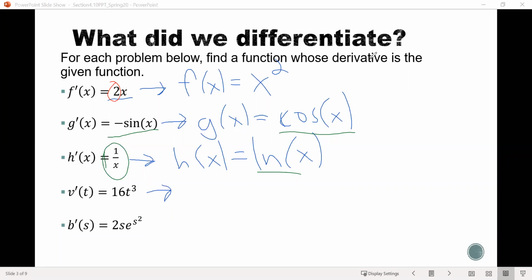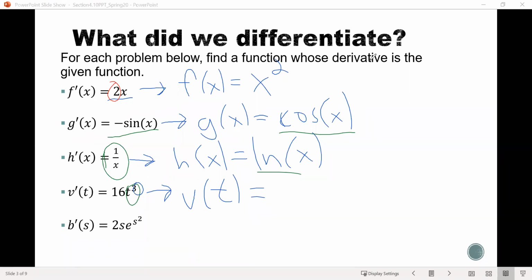All right, v prime of t equals 16t cubed. Again, we see that there is a polynomial there, which makes us think that perhaps the power rule was used here to take the derivative. Remember that when we use the power rule, we subtract 1 from the exponent.